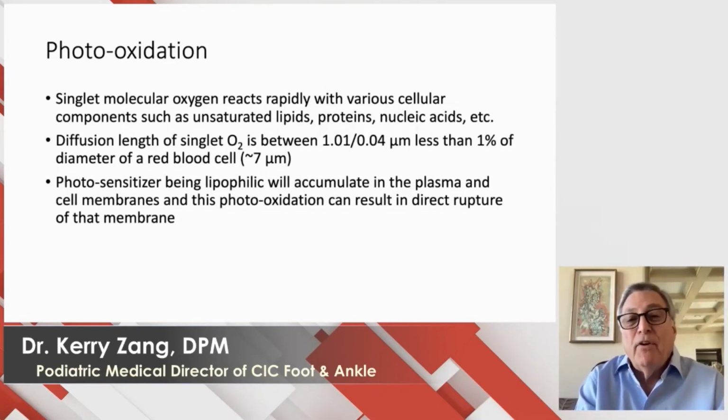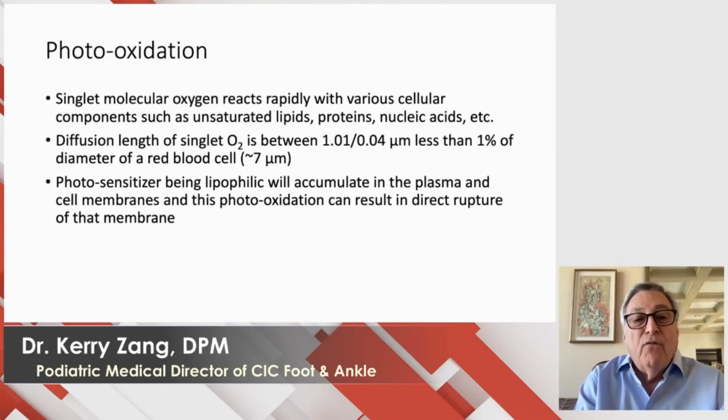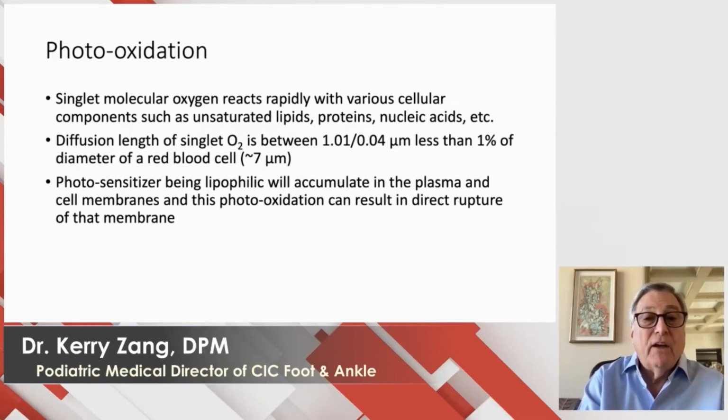And red blood cell diameter is approximately 7 micrometers. The photosensitizer is lipophilic, and this accumulates in the plasma and cell membranes, and this photooxidation can result in direct rupture of the cell membrane of the mycosis.